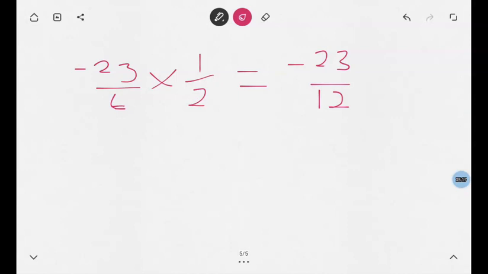What we are going to do is add this to each side of the equation.